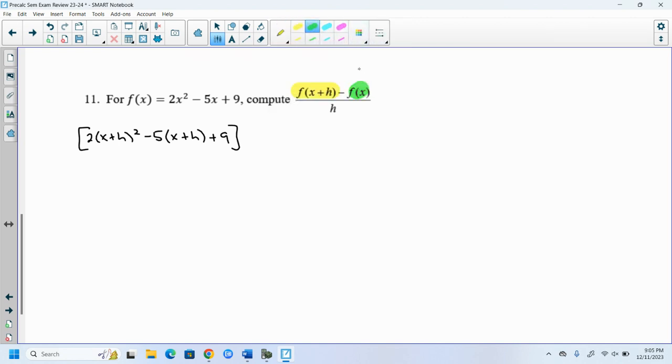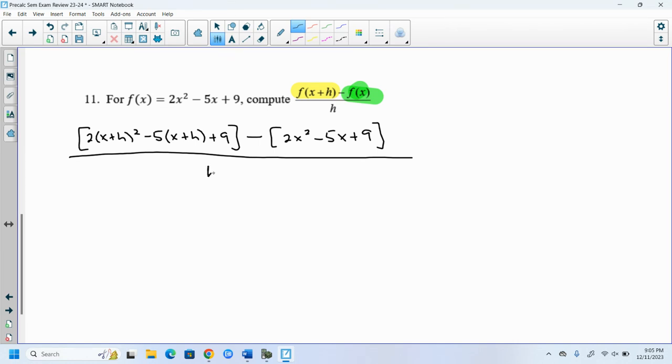Minus f of x, minus, and so you just take the exact original equation, 2x squared minus 5x plus 9. All of this is divided by h. Now we need to simplify, combine like terms. This x plus h squared, that is a FOIL.